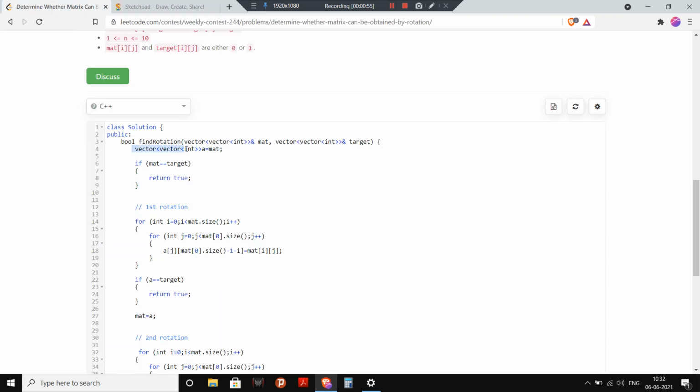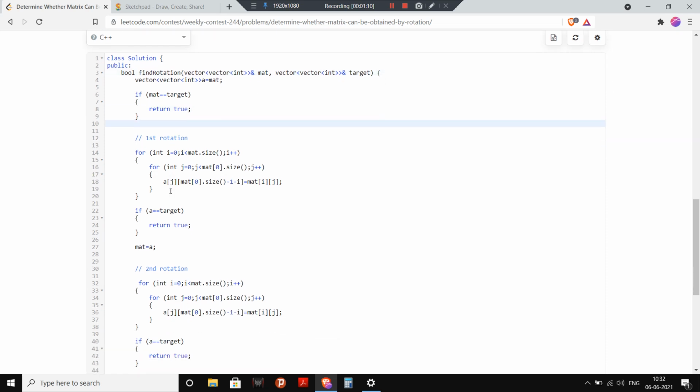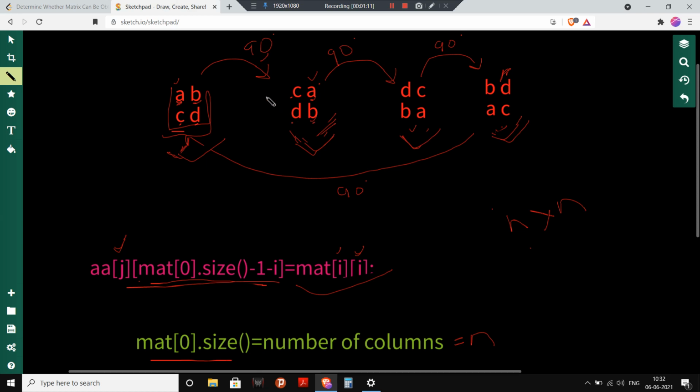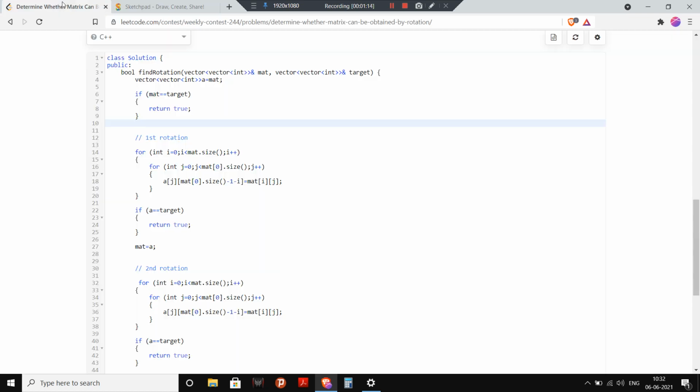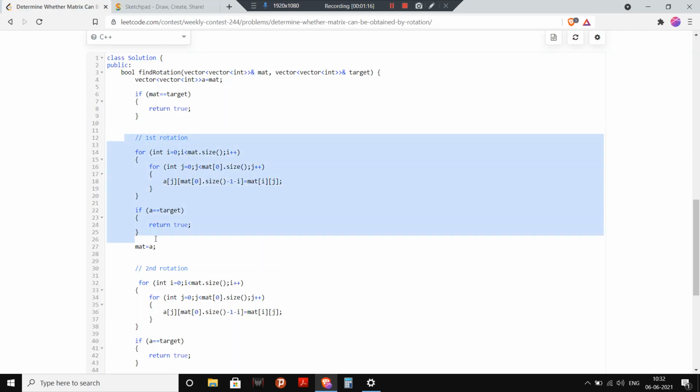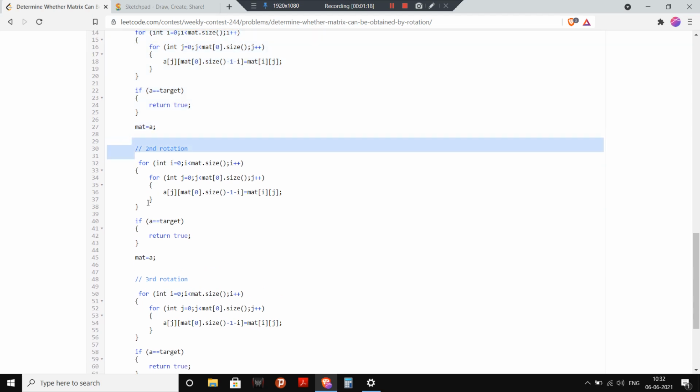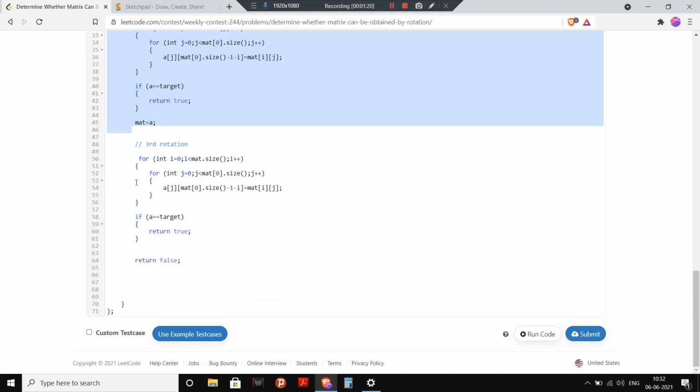So here we are having vector int a equals mat. A is a copy of mat only, and if mat is equal to target, we will return true. If we are provided that mat and target are equal, we will return true. As I have explained, we will have three rotations, and I have written the code for the three rotations: first, second, and third.